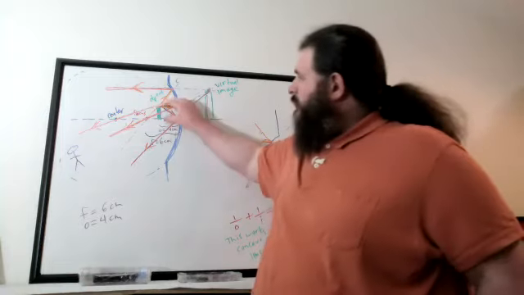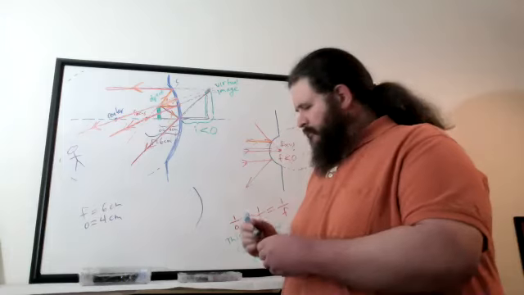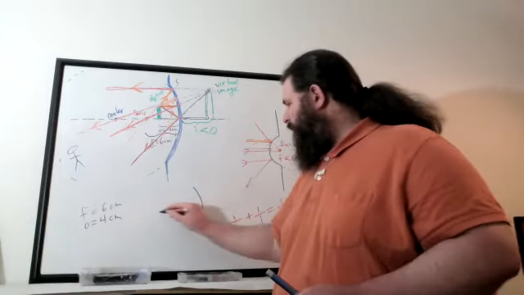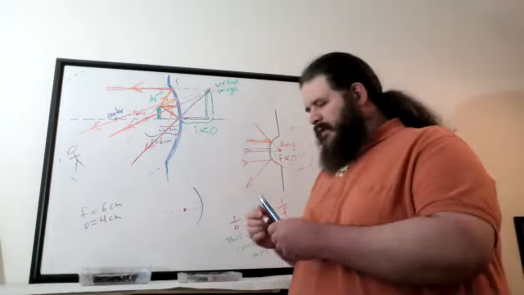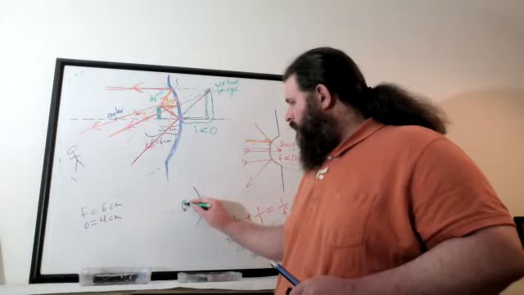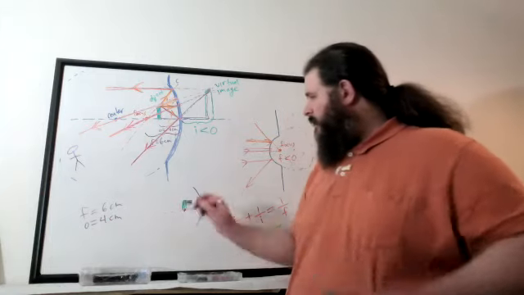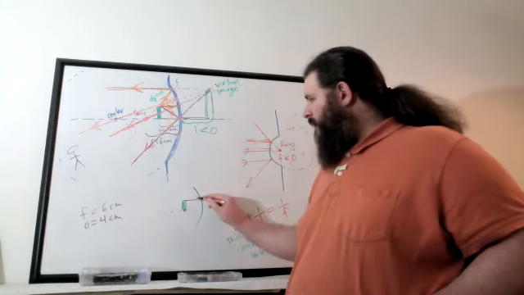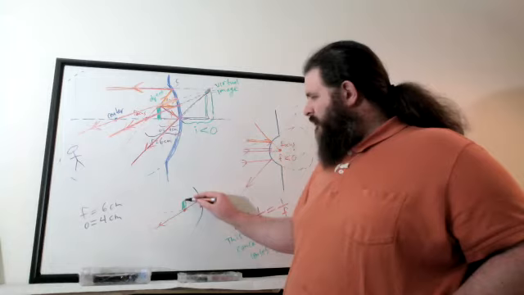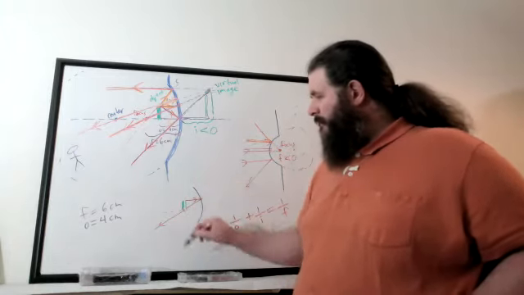Also, in fact, if you put the object on the focal point, let's say we've got our focal point here, and let's say the object happens to be on the focal point. If you try drawing out the principal rays here, you've got a ray that starts parallel and bounces through the focal point. A ray of light through the focal point doesn't really work because it'll never hit the mirror.